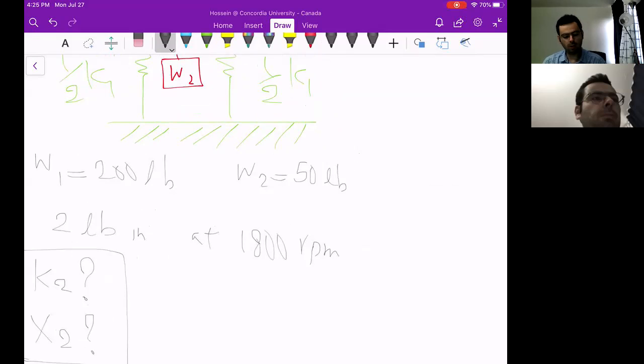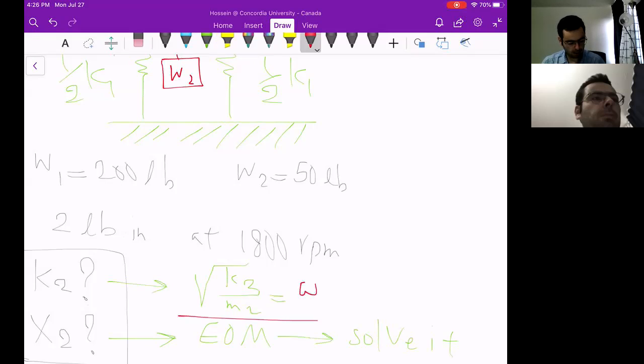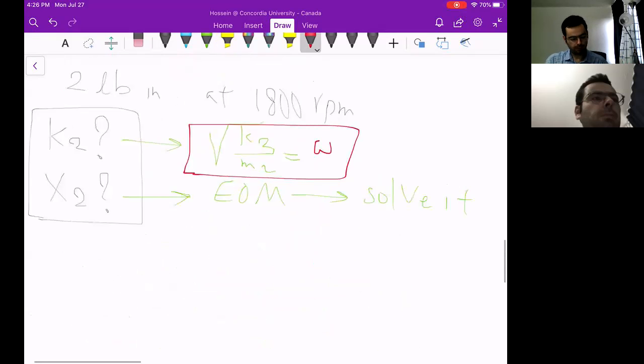But for X2, you need to have the equation of motion and then solve it. For K2, it's very easy because for the absorber mass, K2 over M2 should be the excitation frequency. It can be done without deriving the equation of motion. However, for X2, you need the equation of motion and then solve it in order to find X2.